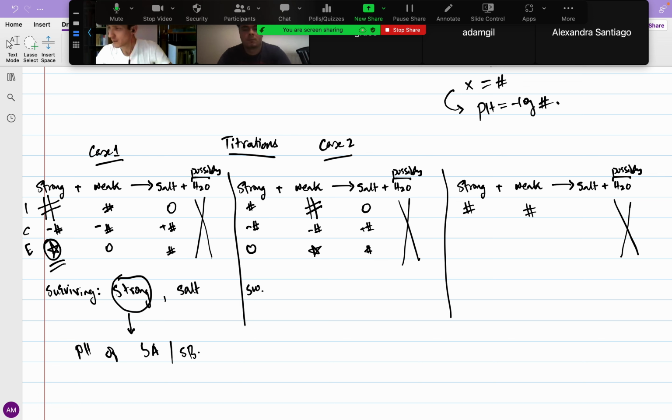Now, what survives is weak species and salt, which contains the conjugate of the weak species, correct? Because that's what salts are.